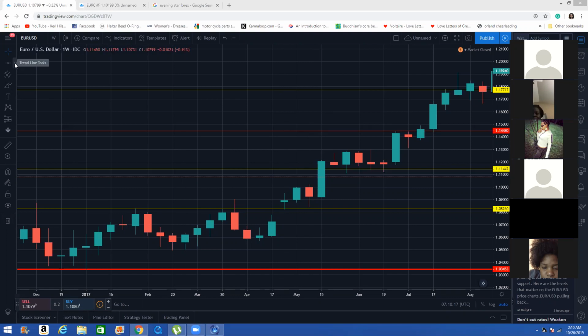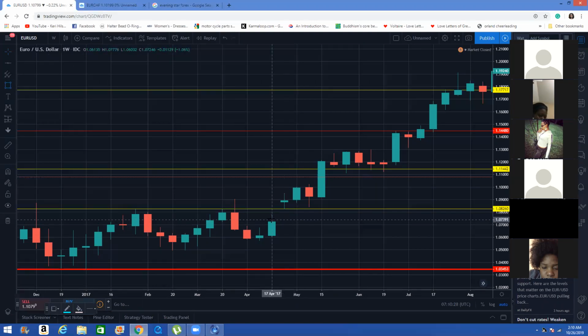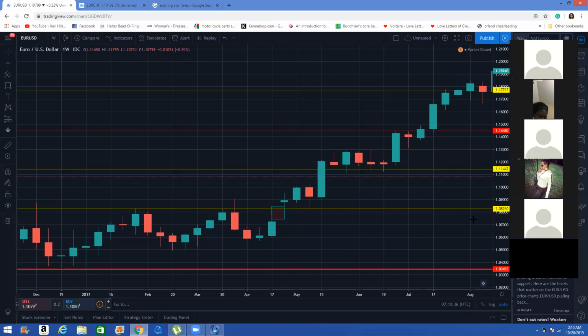Can anybody put in the chat, preferably take your mic off mute, and explain what the gap is, how I explain it? Basically, it's like when an event happened in the news and like, so price had like stopped, or like the market closed.